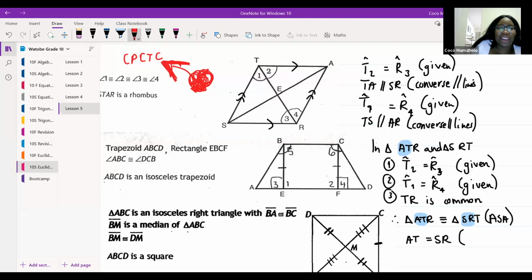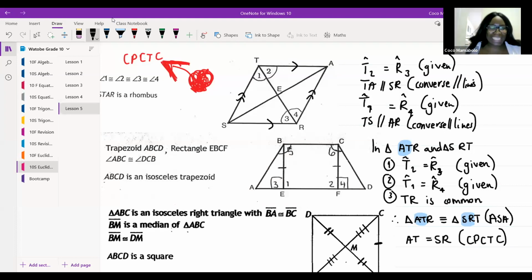Why can we then say the sides are equal to each other, guys? No, not the converse. Yeah, thank you, Tiana. Yes, that's what I was hoping to hear. Because corresponding properties of congruent triangles are congruent.